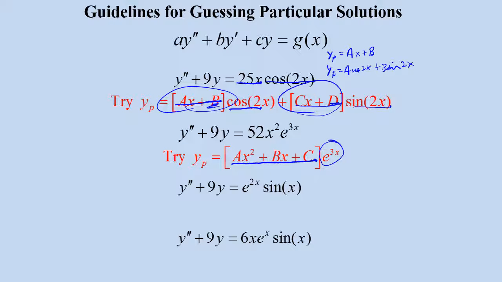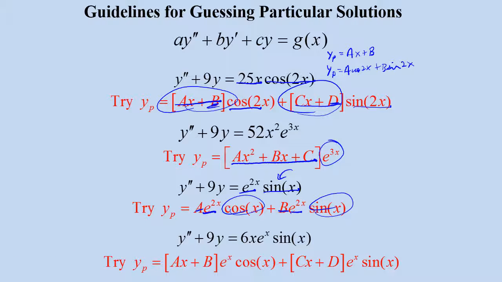In the next one, since we have an e to the 2x and a sine of x, again, anytime we have a sine or cosine, we have to make provisions for both, because when you do derivatives of sines, you get cosines, and derivative of cosines, you get sines, so it could be that both of those were in the original. However, just like before, we incorporate the e's along with the sines and cosines, and then the constants is what we will need to figure out.